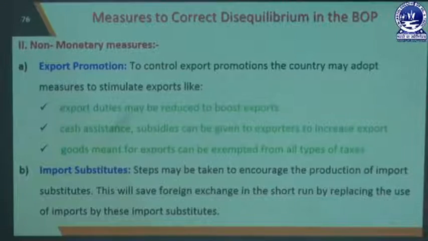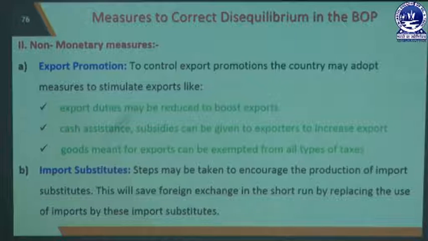Another measure is import substitutes. As we know, when a country exports more, the balance of payment is going to be in surplus, and when the country imports more, the balance of payment is going to be in deficit.